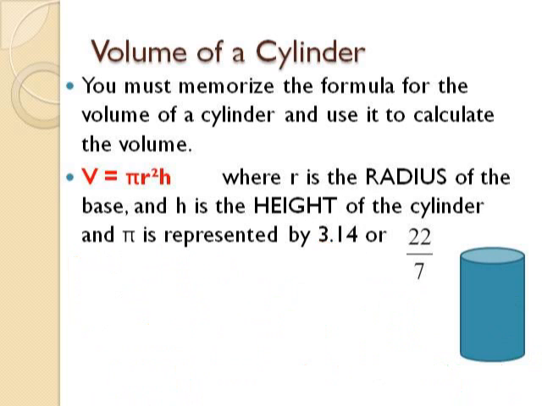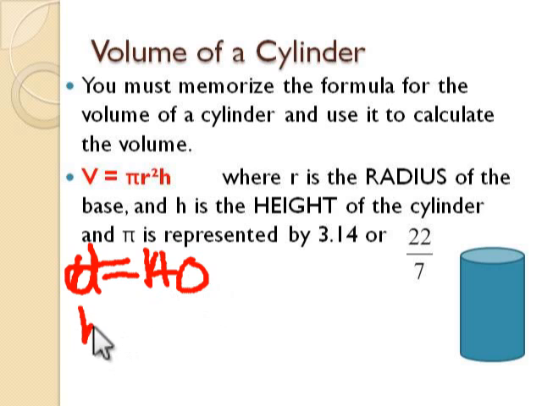Okay, so now let's do one where we're going to use the fraction version. That means we're going to use 22/7 for pi. So in this case, let's say that the radius, actually let's do diameter this time, just to make it a little more complicated. Let's say that the diameter is, I don't know, how about 140? Let's go with millimeters.